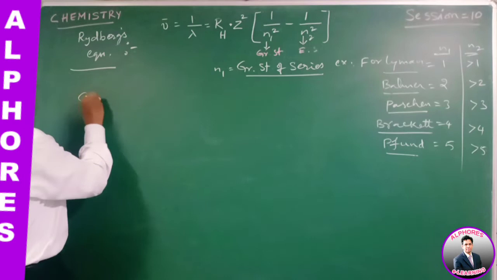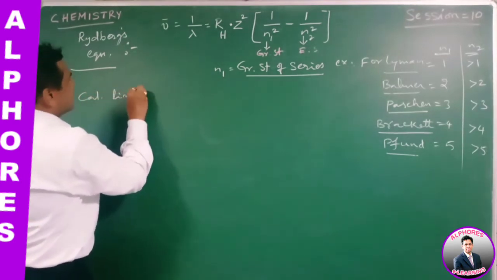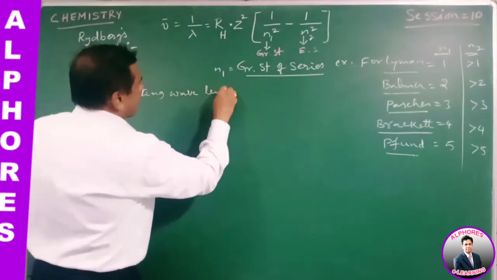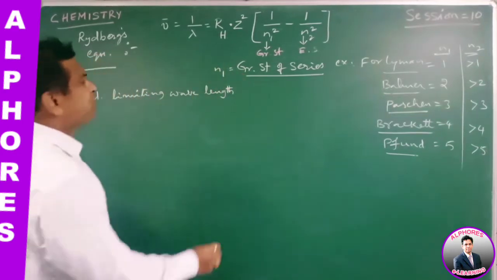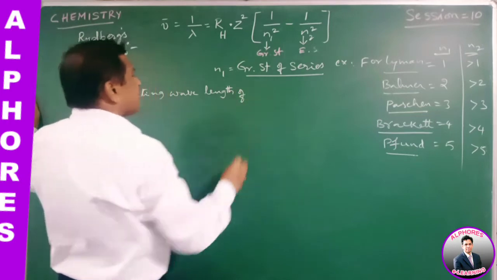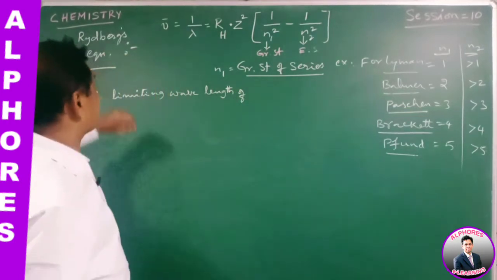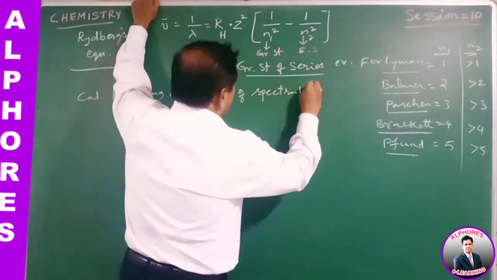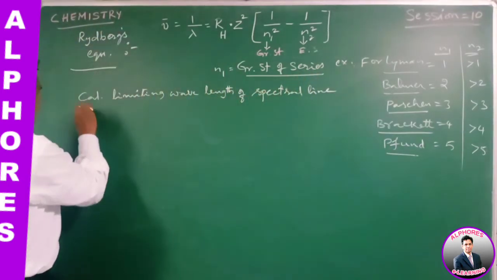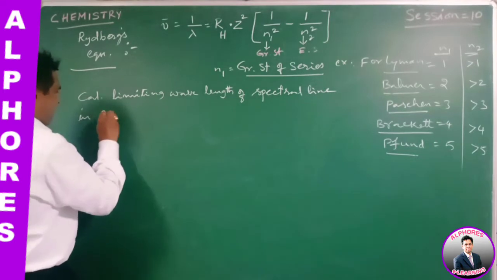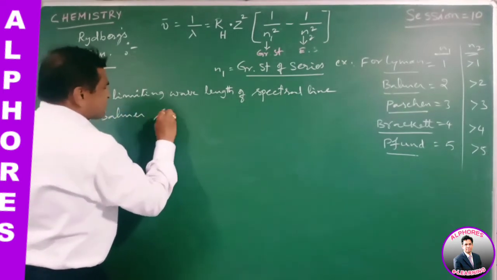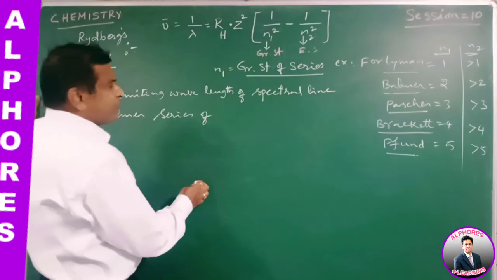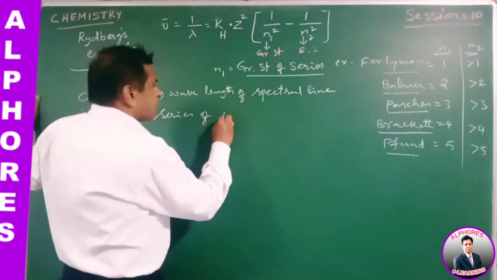Okay, calculate the limiting wavelength of the spectral line in Balmer series of, say for example, hydrogen spectra.